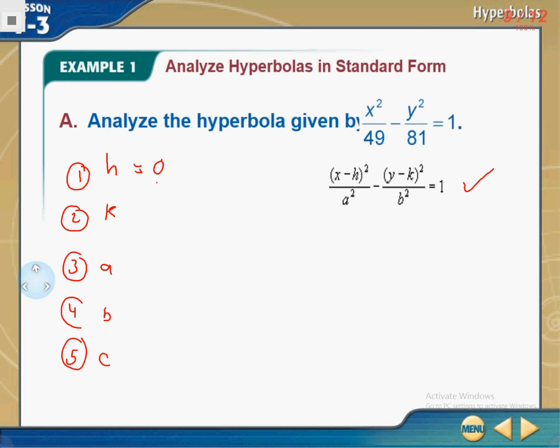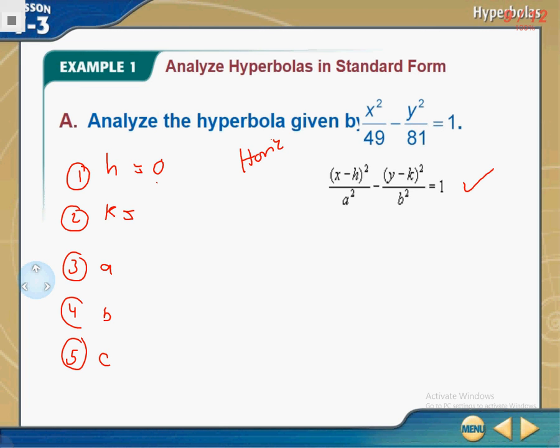Can I ask you one question before we start? Is it horizontal or vertical? Yes, correct. It's horizontal. So let me write horizontal, because we have x in the beginning.